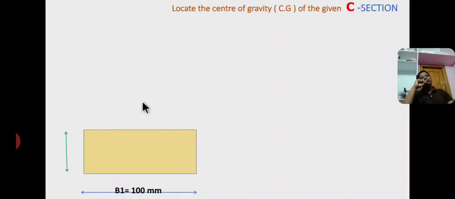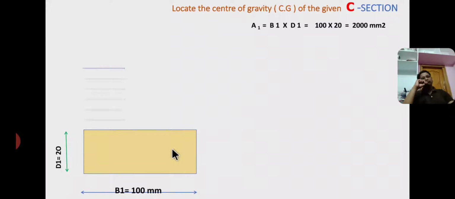That's why I am determining the location of the centroid. From the given diagram, the area of the yellow rectangle, that is the bottom rectangle, A1 equals base into depth, that is b1 d1 equals 100 by 20 equals 2000 mm square.